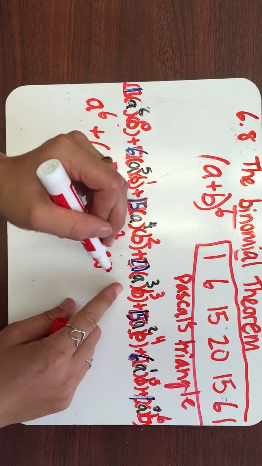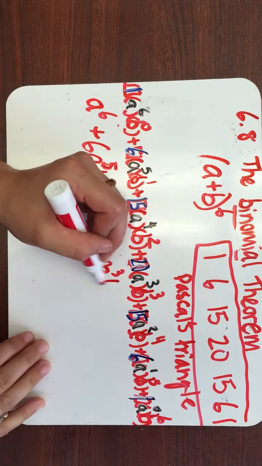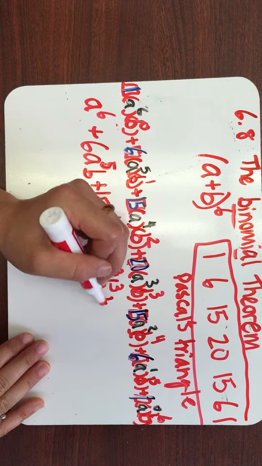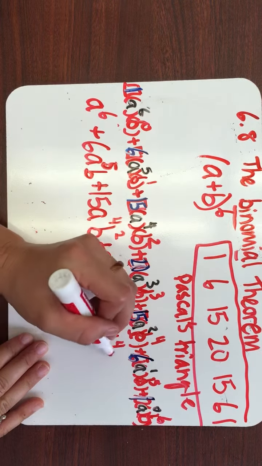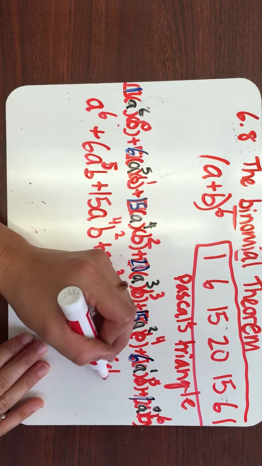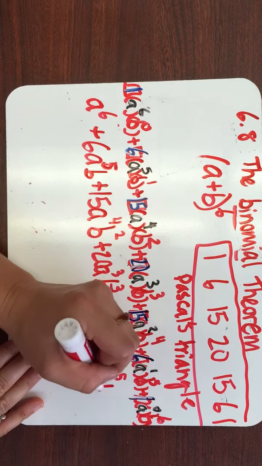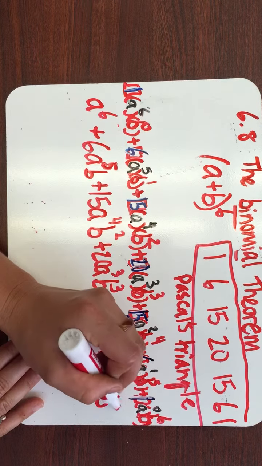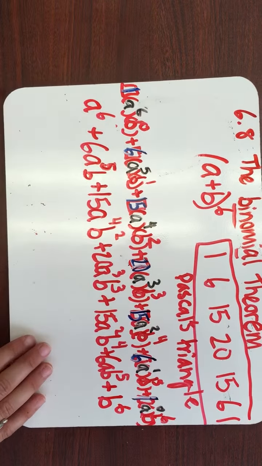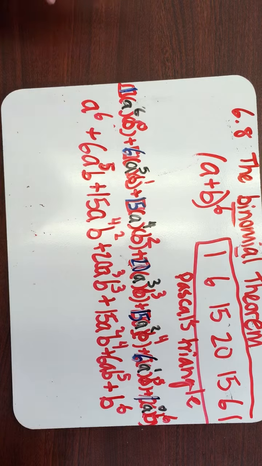We have a 20, a cubed, b cubed. 15, a squared, b to the 4th. 6a, b to the 5th. And finally, a to the 0 is 1, and then we just have b to the 6th. And that is our answer for when this is expanded.